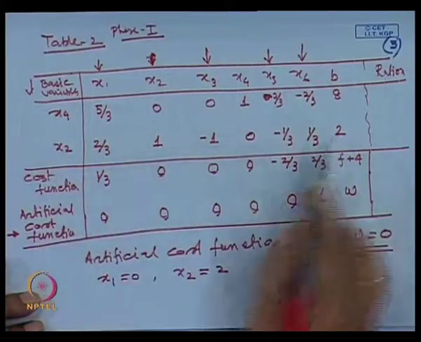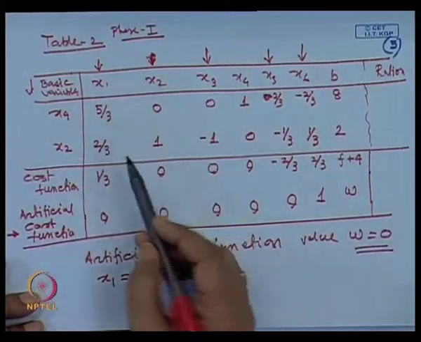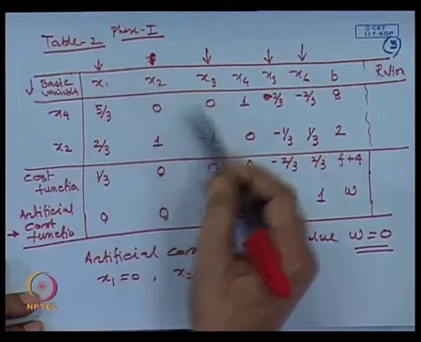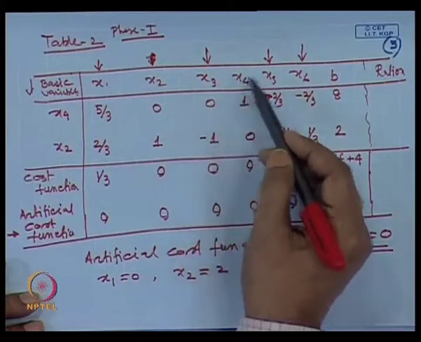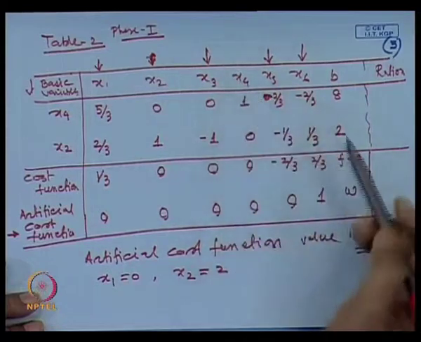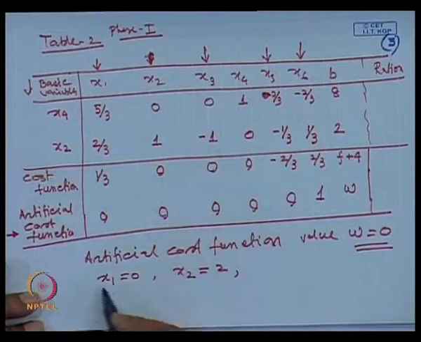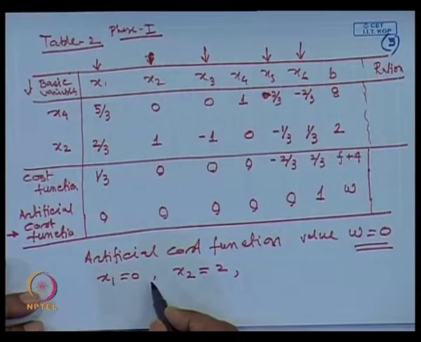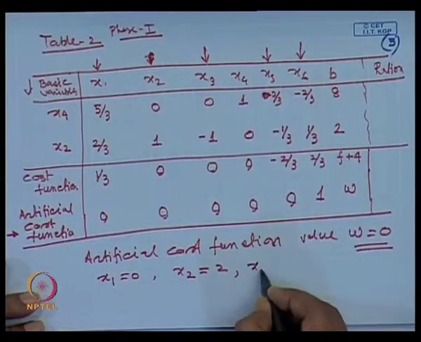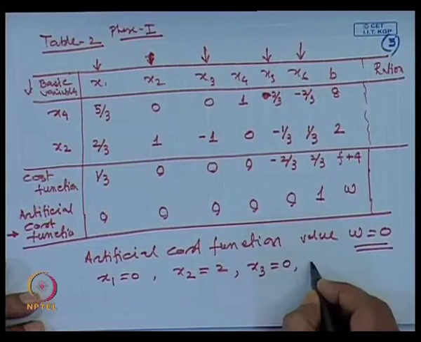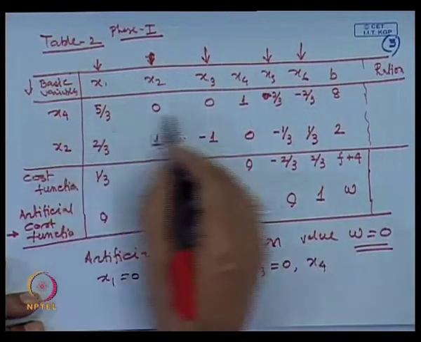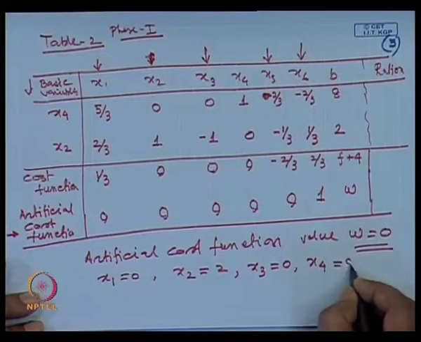Similarly, x3 is our non-basic variable 0, x4 is a basic variable, and straight away from this expression it is 8.